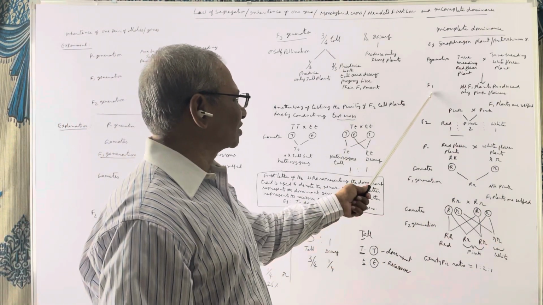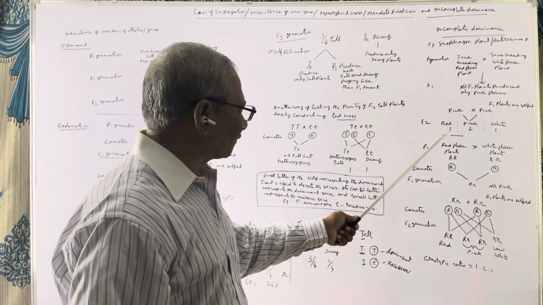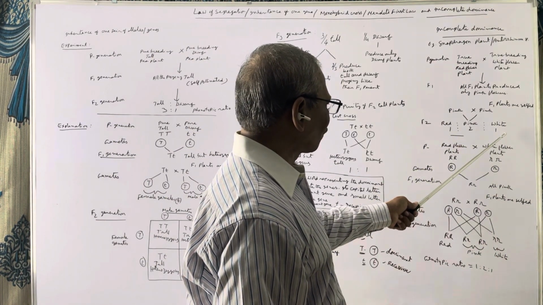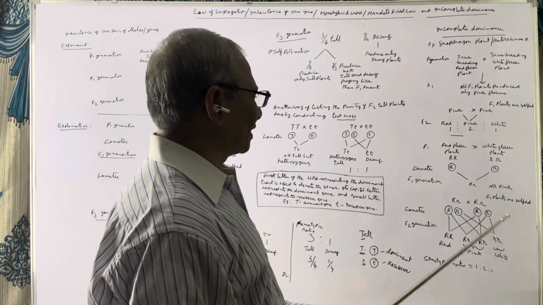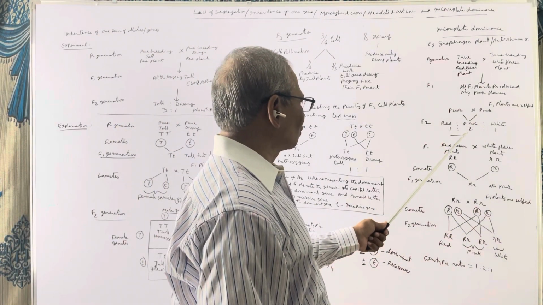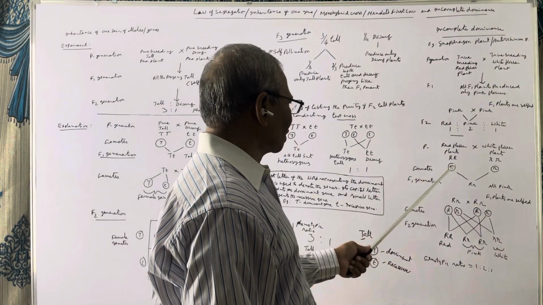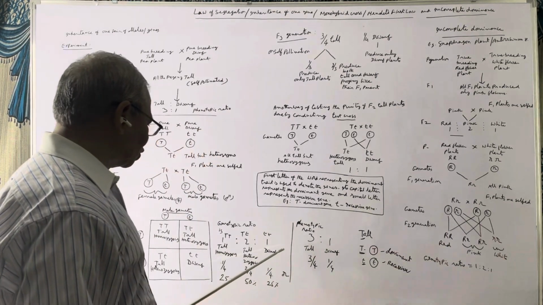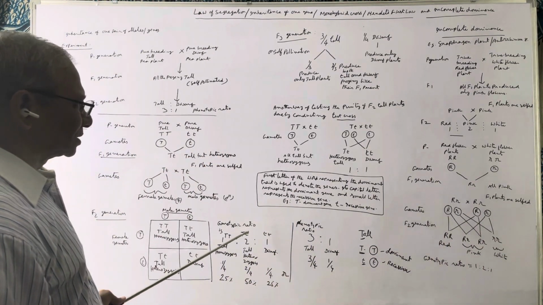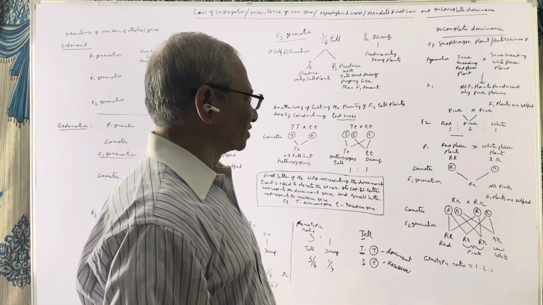So when the F1 plants are self-pollinated, in F2 generation, red flower producing plants, pink flower producing plants, and white flower producing plants appeared again, but in a different ratio. That is in 1:2:1 ratio. This 1:2:1 ratio is similar to the genotypic ratio of the monohybrid cross, 1:2:1. So this genotypic ratio and this phenotypic ratio are one and the same.